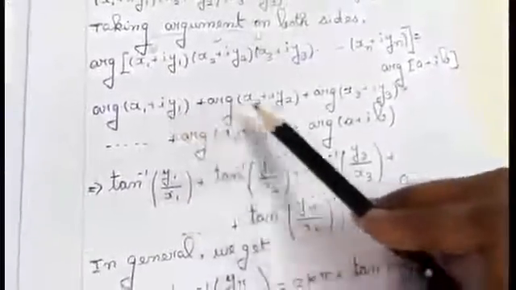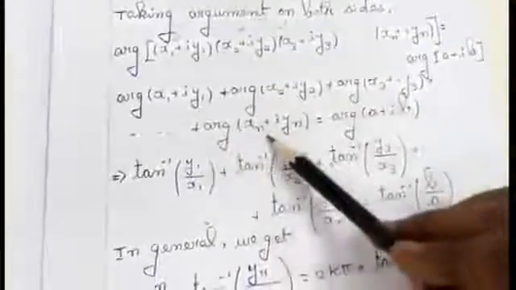While multiplying, the arguments of each complex number will be added, that is argument of x1 plus iy1 plus argument of x2 plus iy2 plus and so on, plus argument of xn plus iyn equals argument of a plus ib.